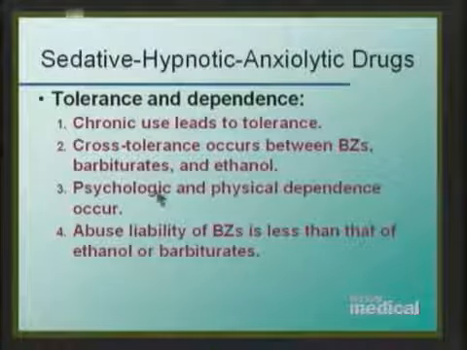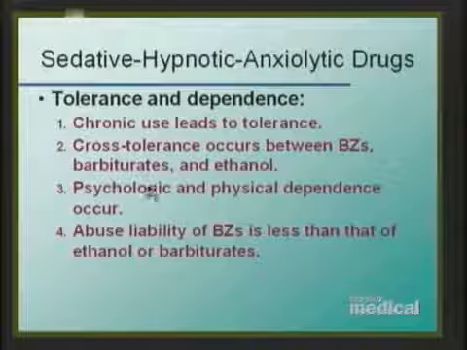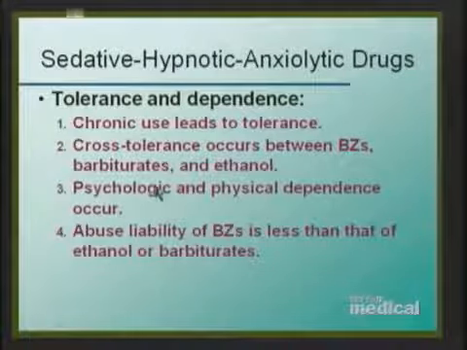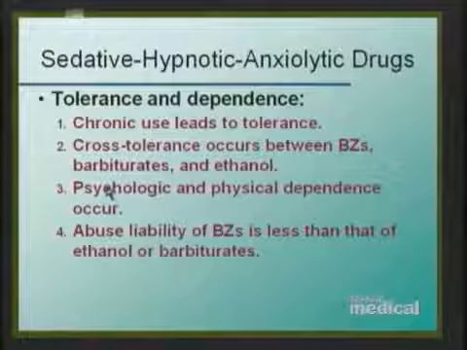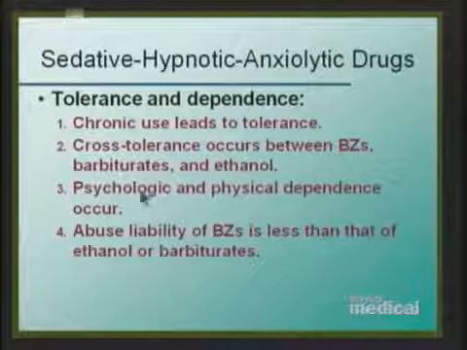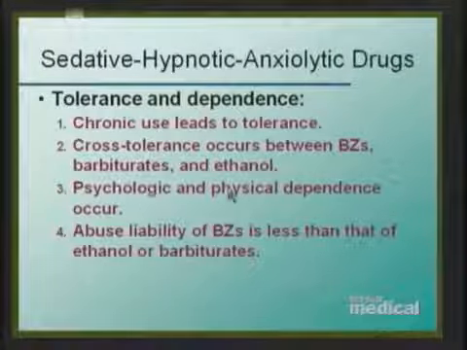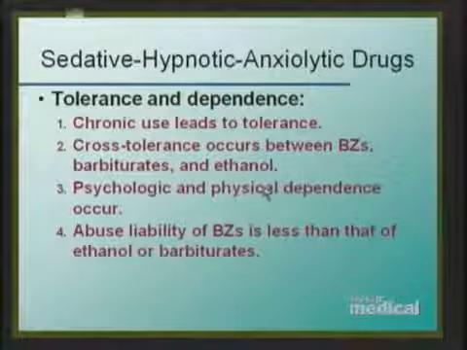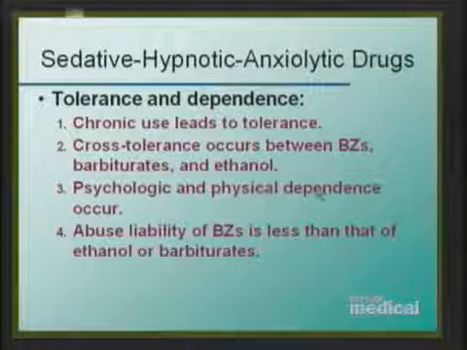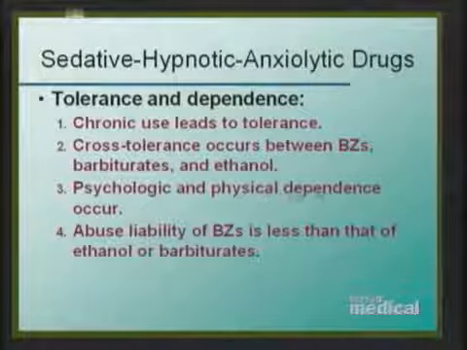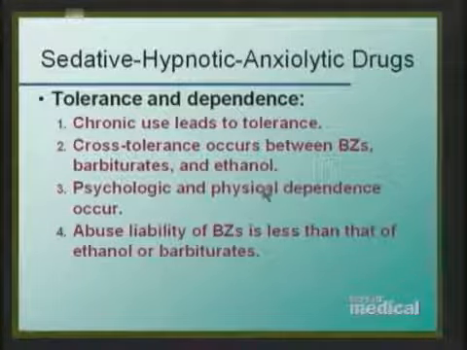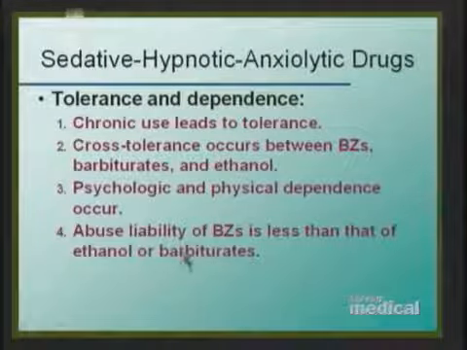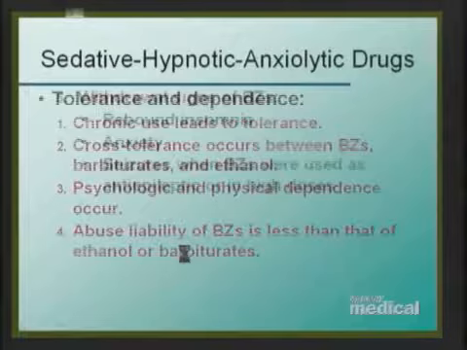Psychologic dependence is established when upon withdrawal craving occurs. Craving to benzos, barbiturates, and alcohol is very strong, pushing the patient to look for more drug. On the other hand, the physical dependence is established when upon withdrawal there are physical symptoms, in other words, a syndrome that we call withdrawal.